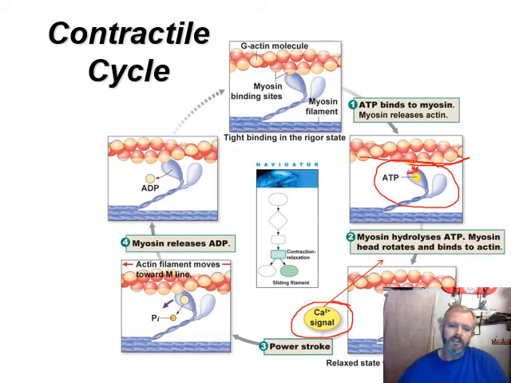So you can see how energetic a muscle is, because we have all these myosin heads, and each time we're pulling the actin, we're using up a molecule of ATP. So you can see how much ATP we've got to produce to be able to cause these muscle contractions.